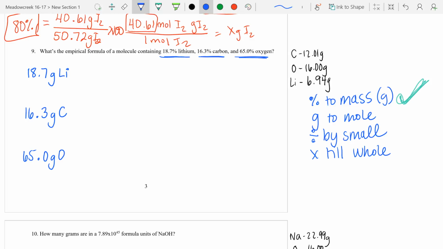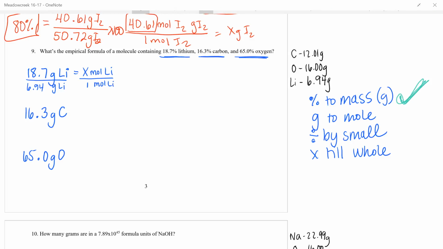Now, step number 2 is grams to mole. It means we need to convert it to moles of the same thing. So we do our 6 steps. We bring our grams of lithium down, and we always write the number 1 by mole. Our mass of lithium from the periodic table is 6.94 grams.